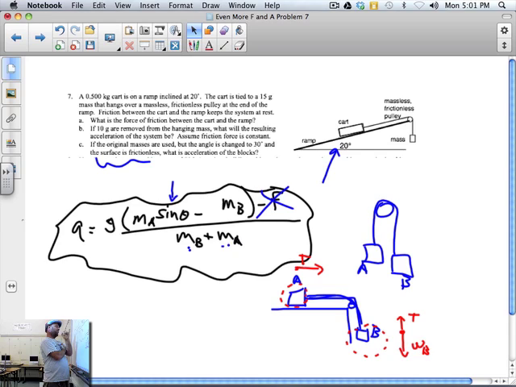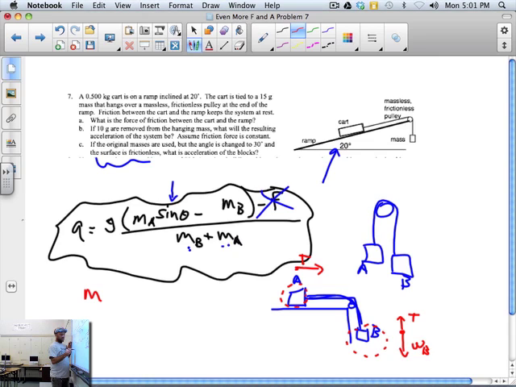No. Well, if we have a 90-degree angle, how do we make that whole thing equal to 1? How does mass of A sine theta minus mass of B equal 1? Well, not quite sure yet. I've got to think about it.